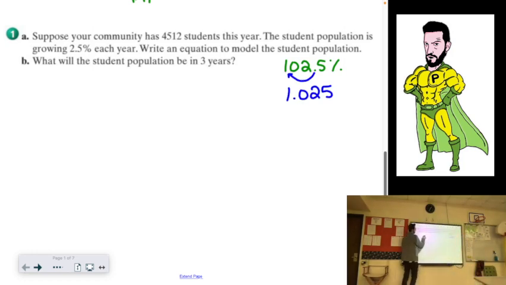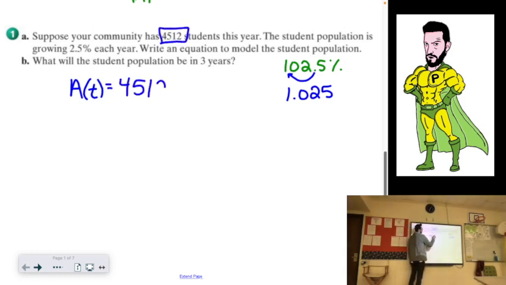So we can use A of t again. We're talking about time here. The starting amount is the 4,512 times, remember, we're using 1.025. That shows a 2.5% increase per year. 1.025, and that'll be to the t power. T is the number of years. And then we have to actually solve it for 3 years.